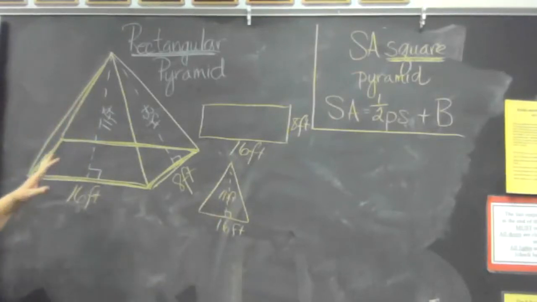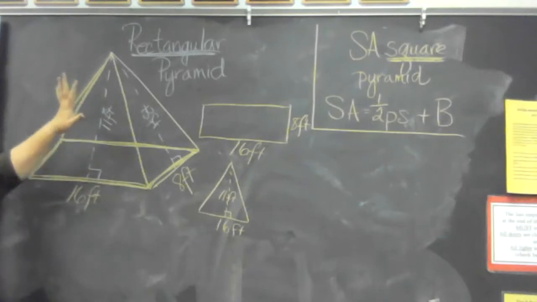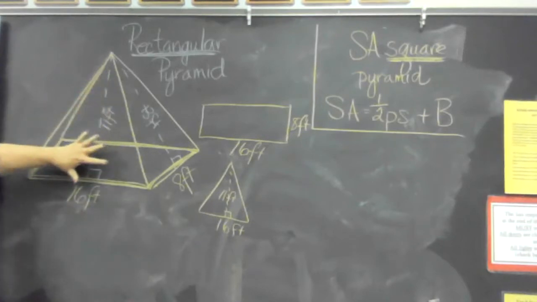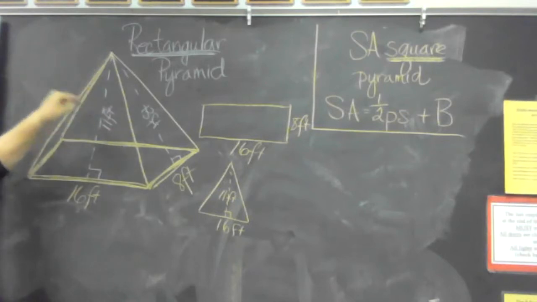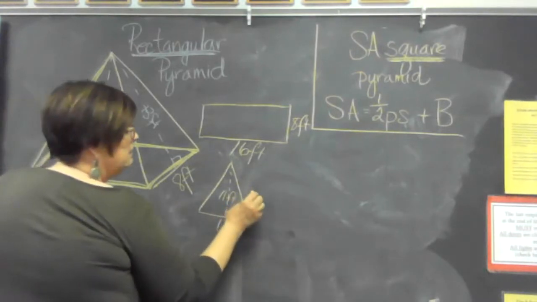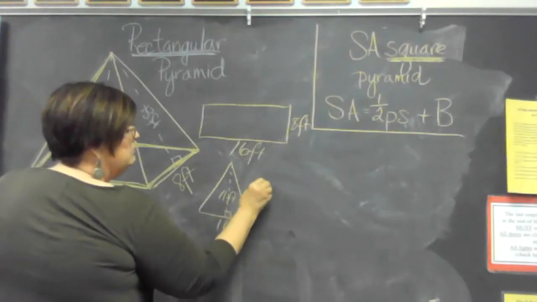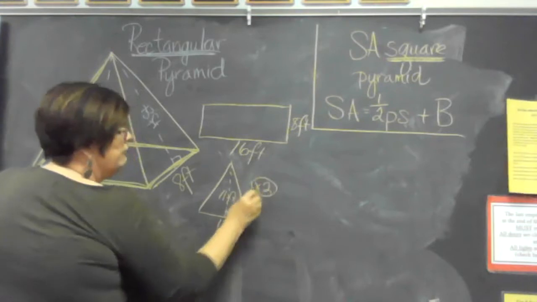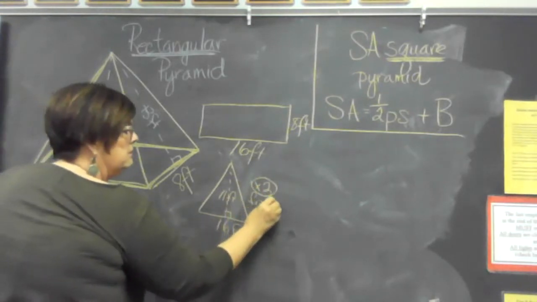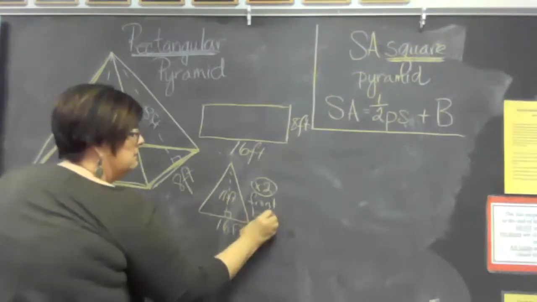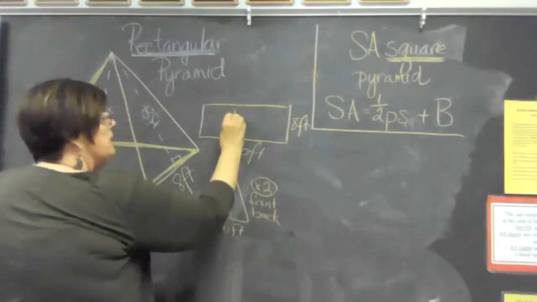Now, if you'll notice on this rectangular pyramid that the front piece, and when you tear the back piece off, they're going to be exactly the same. So we're going to find this area, and we're going to take it times 2, because there's a front and a back. This is the base.